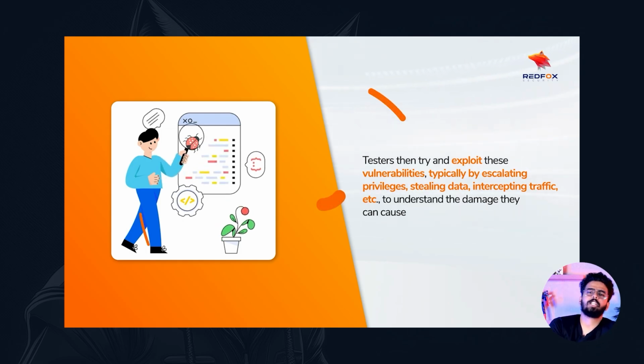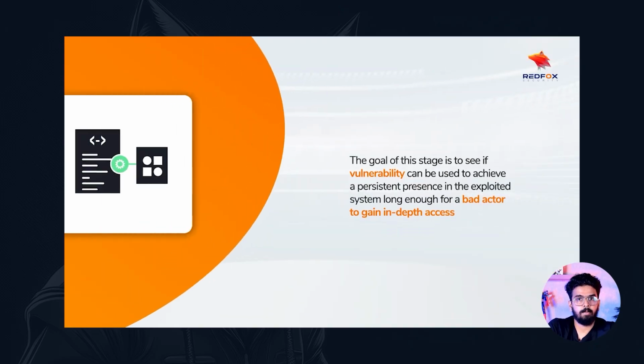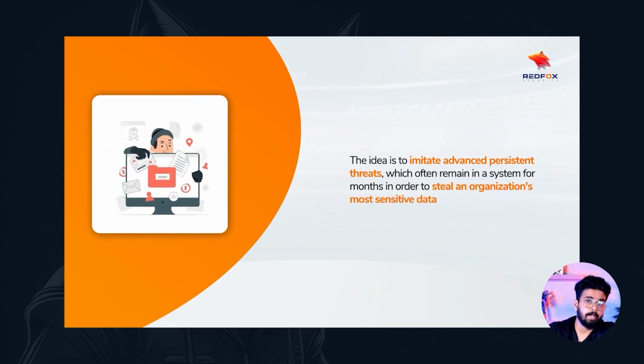The fourth stage includes maintaining access. The goal of this stage is to see if the vulnerability can be used to achieve a persistent presence in the exploited system, long enough for a bad actor to gain in-depth access. The idea is to imitate advanced persistent threats which often remain in a system for months in order to steal an organization's most sensitive data.